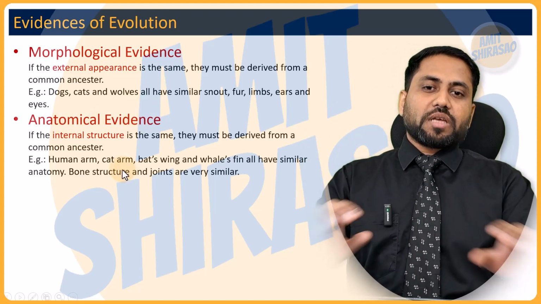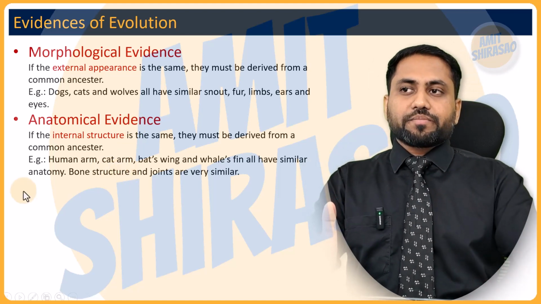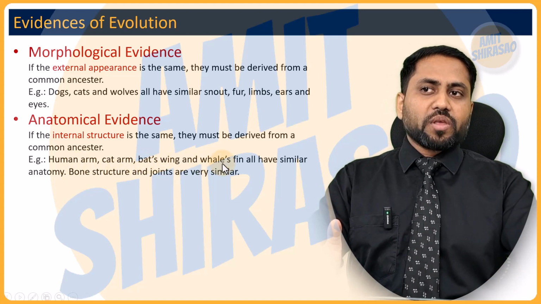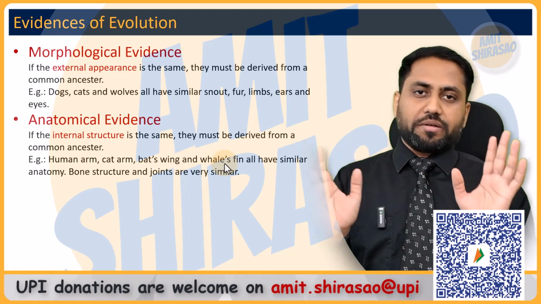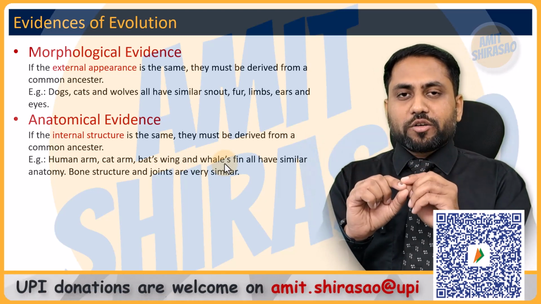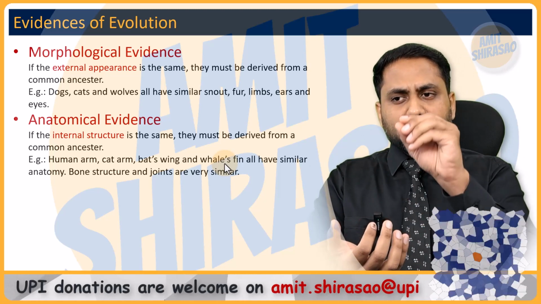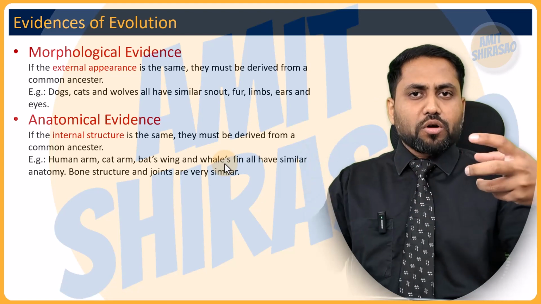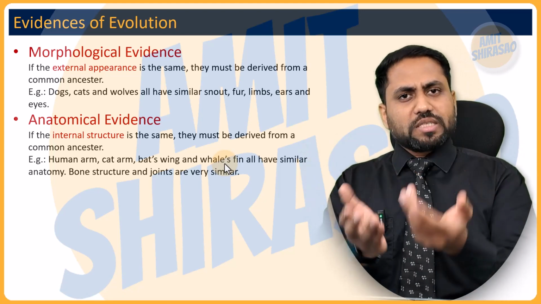Now see, sometimes externally they might look different, like a human arm, cat's arm, bat's wing, or whale's fin. They all look different. But if you see their anatomy, if you see the bone structure, then you will find that the number of bones is the same. Bones could be long or short, that's another thing, but basically the bones are the same.